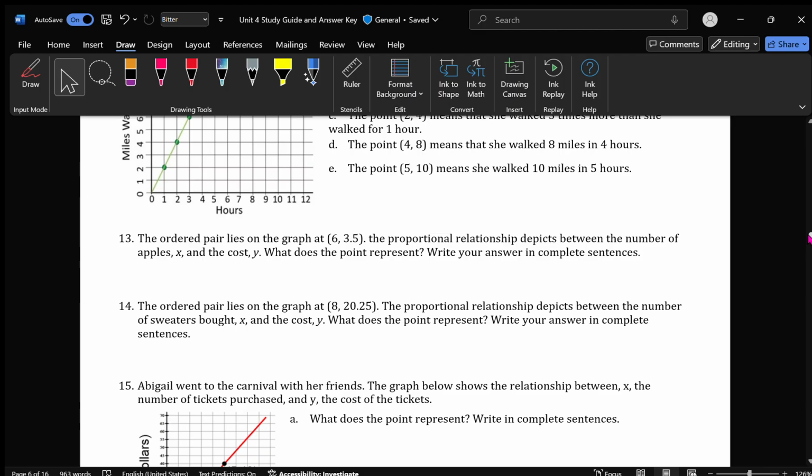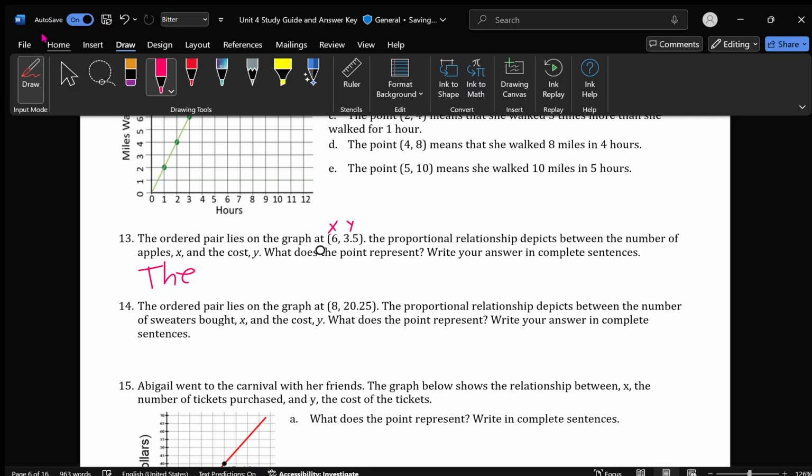Now, if this confuses you, we know that the 6 is my x, and the 3.5 is my y. Then that means 6 apples cost $3.50. Make sure when you're writing this, you don't write it costs $3.5.